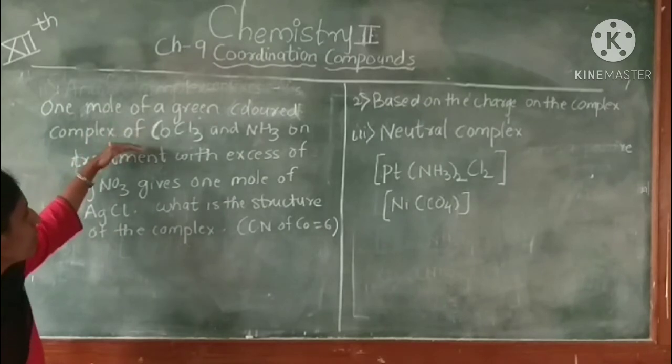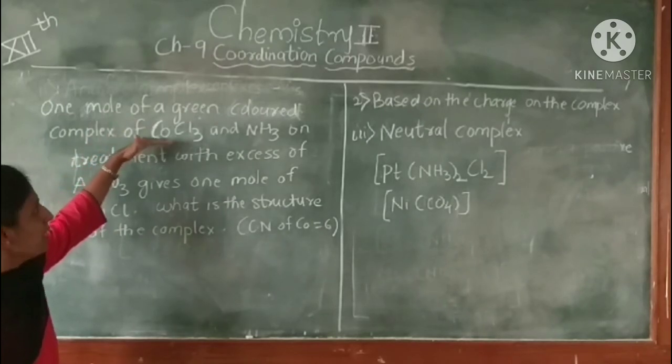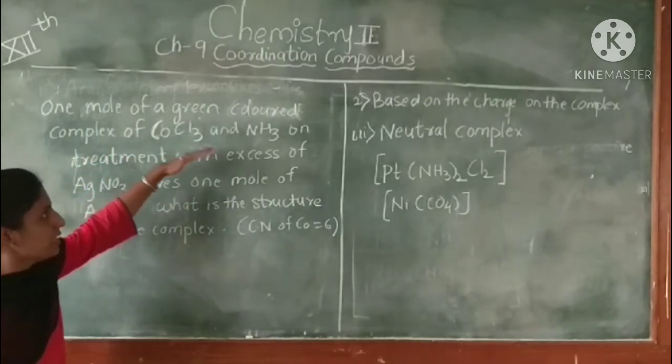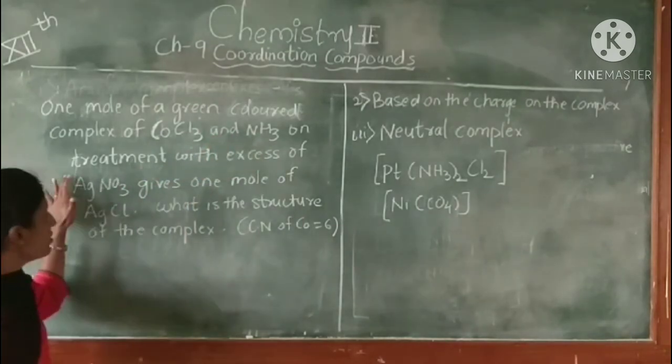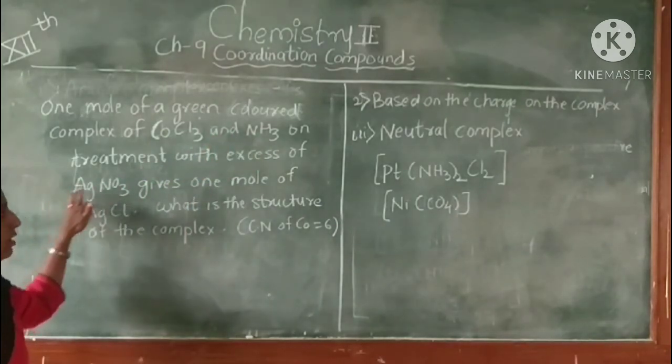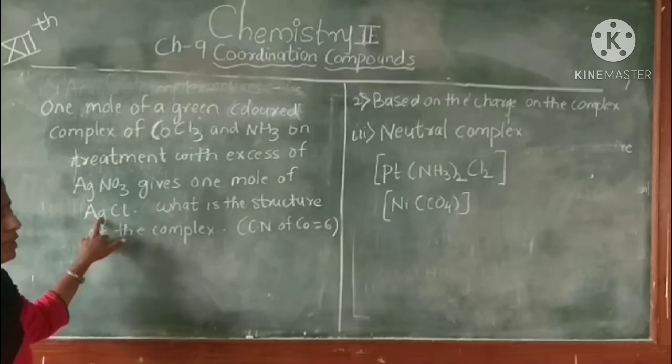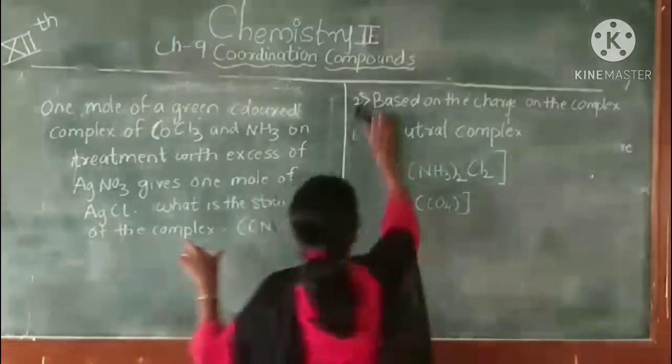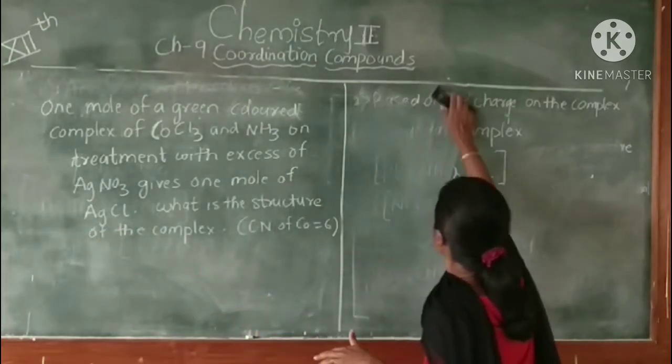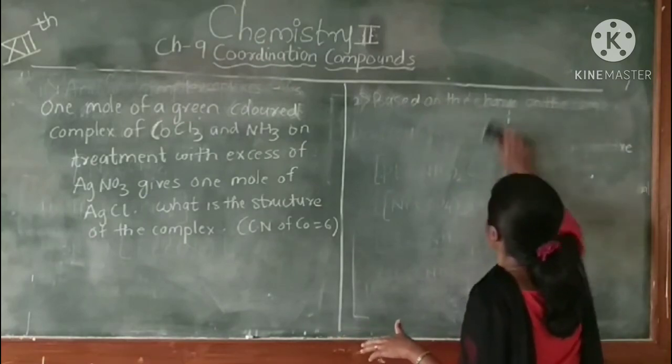So you have a complex formed by CoCl3 and NH3, which is treated with excess of AgNO3, and the product is only 1 mole of AgCl. So based on this we can write the structure of the complex.